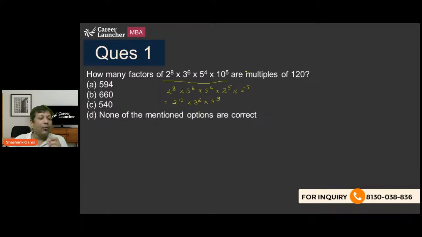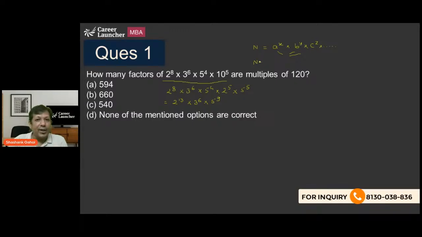Now, what is the formula for the number of factors? Let's say there is a number n that can be represented as a power x into b power y into c power z and so on, where a, b and c are distinct prime numbers. Remember this, these are distinct prime numbers.